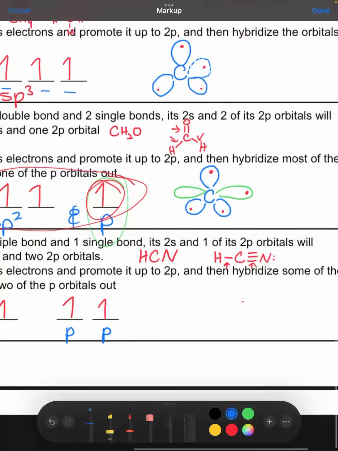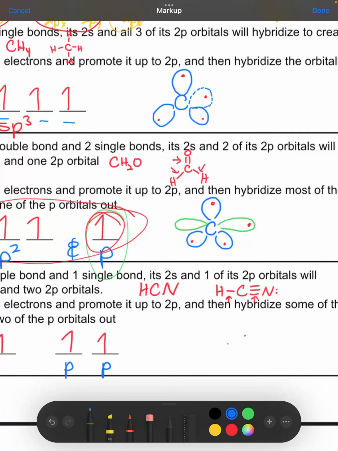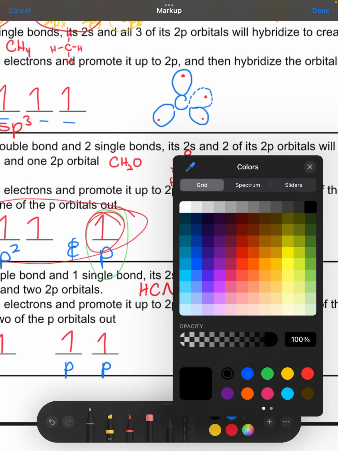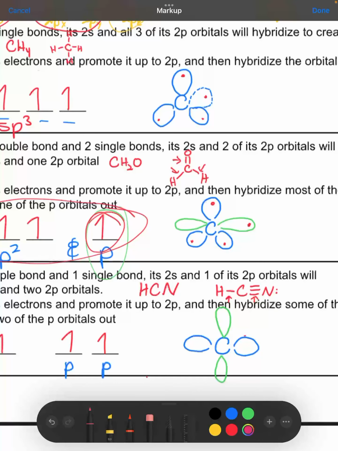Okay, so let's draw that visually. I have my carbon atom in the middle, and I'm going to have my hybridized ones just kind of sticking out on either side. And then I'm going to have an unhybridized p. And let me switch colors for the other one. And then I have another unhybridized p orbital space.